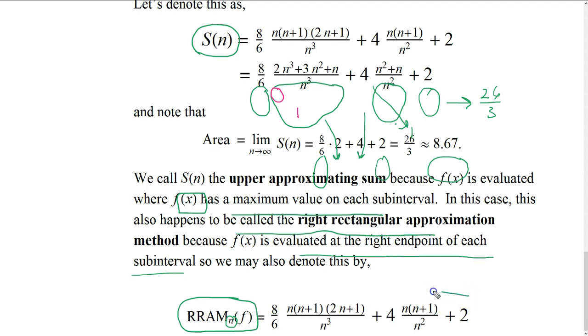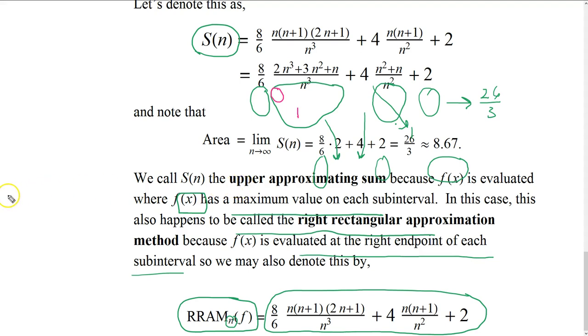And we found that it was this quantity right here. And then we took the limit as n goes to infinity, and we found our answer to be 26 over 3, or 8.6 repeating.